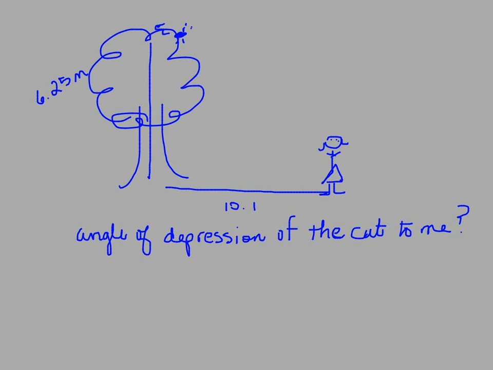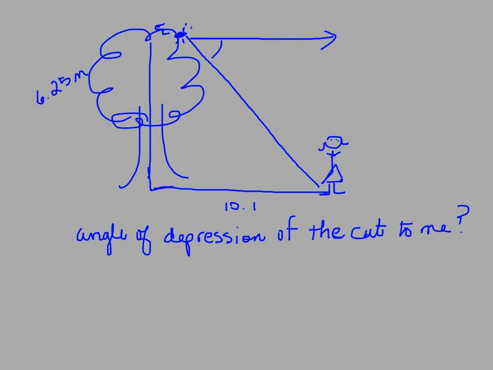This is a problem that we struggle with sometimes, but what you want to do is look straight from the cat's perspective, straight from the cat's line of sight, straight out, and then make the angle looking down to where I am.